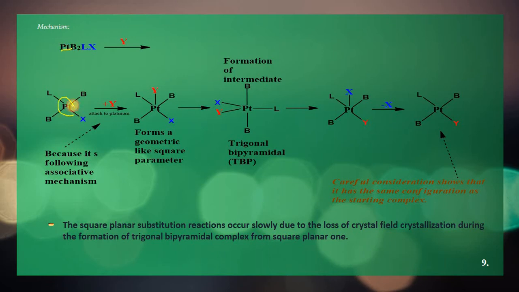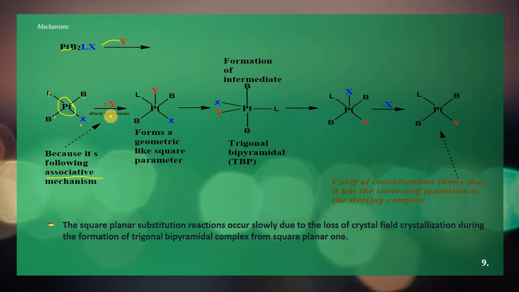So this is platinum, B, the 2B, L, and S. And this is the Y that is trying to come in. Because it follows associative mechanism, like I said, and remember, associative mechanism will always have intermediates.